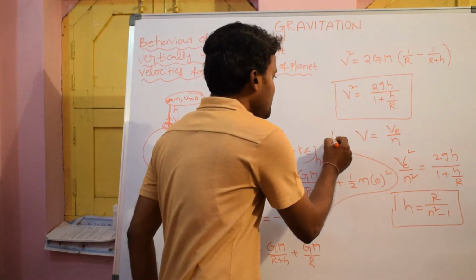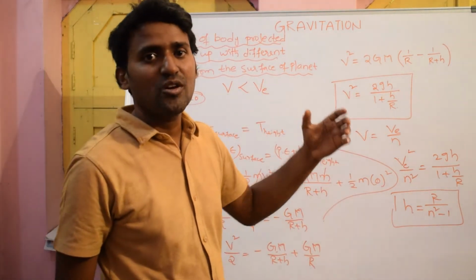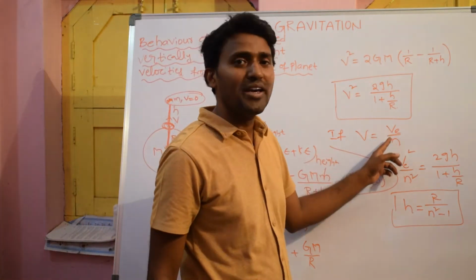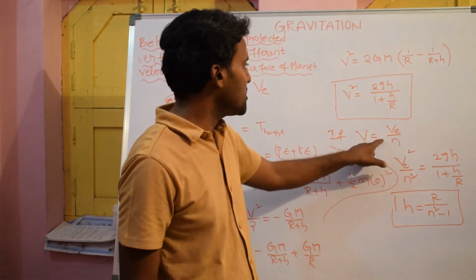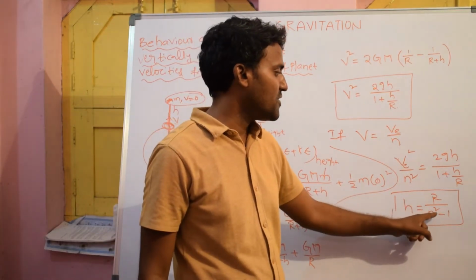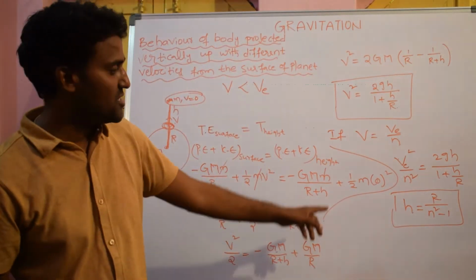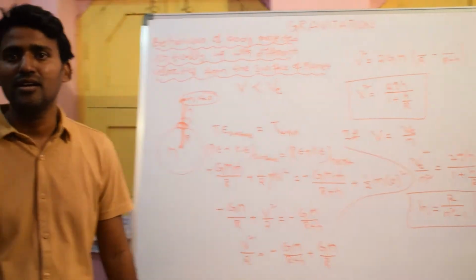If the velocity of the object v is equal to 1 by nth of escape velocity and I substitute here, maximum height h is equal to r divided by n square minus 1.